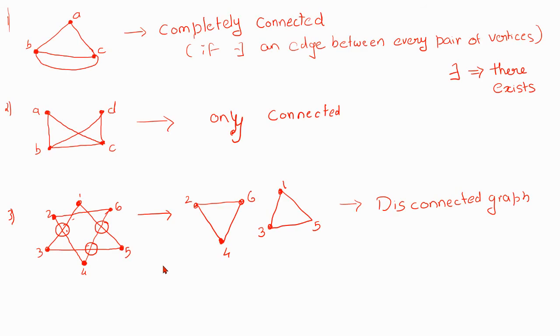The similar graph can be drawn again. I'll show you how it is drawn. Suppose this is 1, 3, 5, and then there were these 2, and this 4.